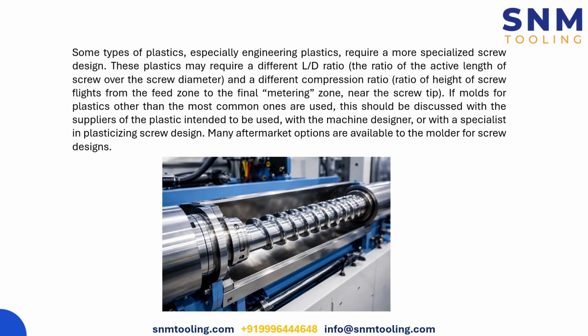Next is your screw design. So how the screw is designed, as I already told you, there are three zones. The feed zone, which conveys the pellets or moves them forward. Next is your compression zone, which is also known as the transition zone, where melting primarily occurs.